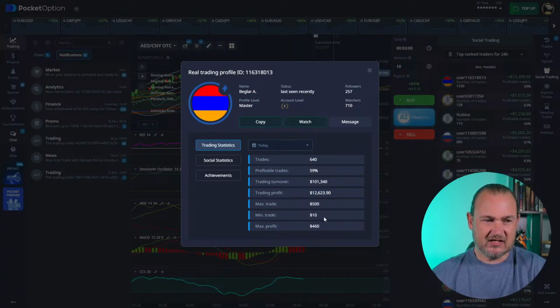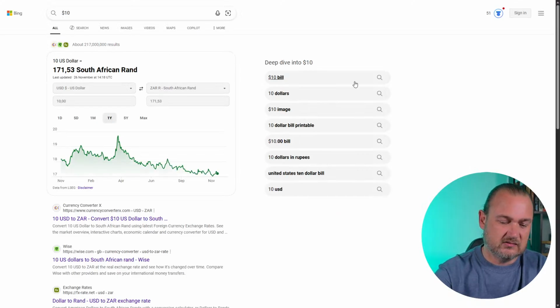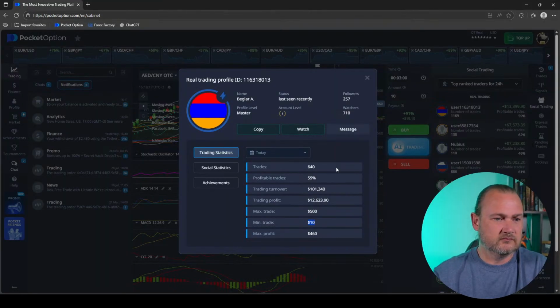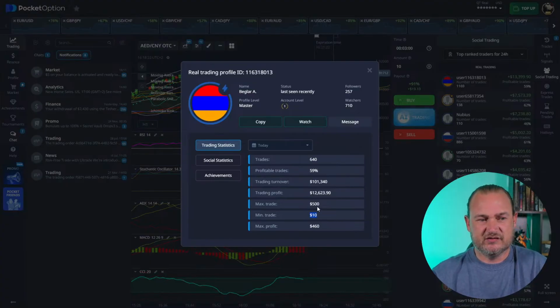Okay, so he traded from anything between $10 and... I clicked on the wrong thing there. So his trades are anything from $10 to $50. So not consistent. You can see that he doesn't trade a consistent size.